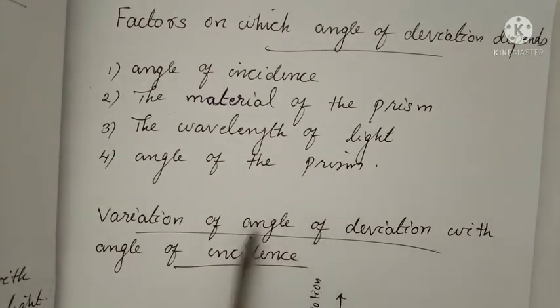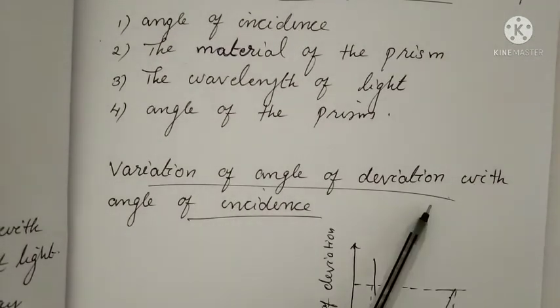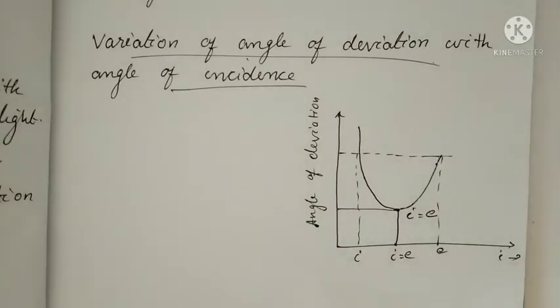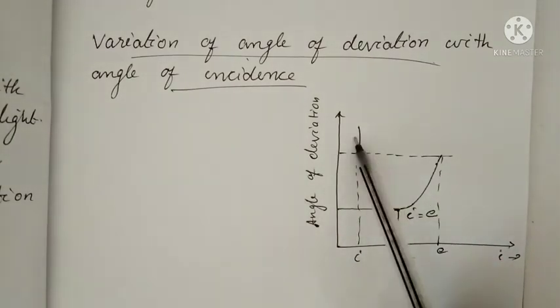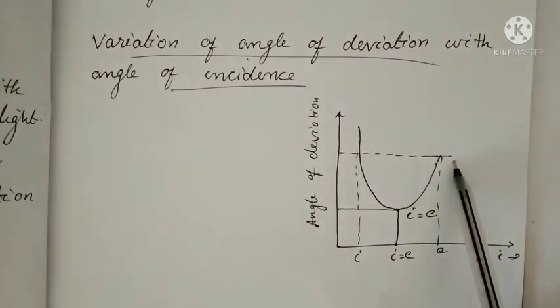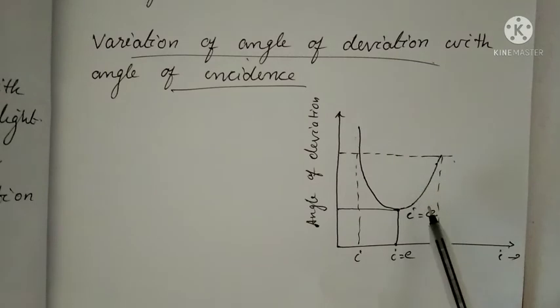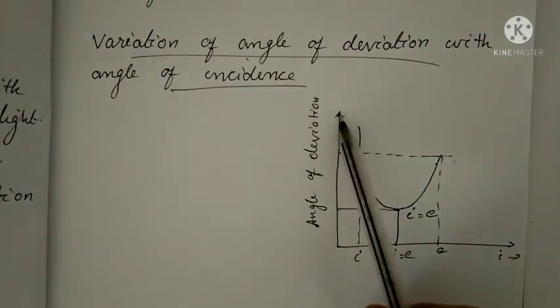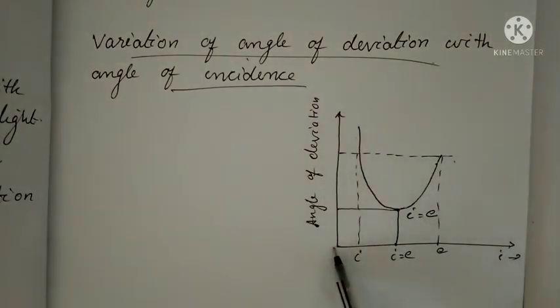Then we can see the variation of angle of deviation with the angle of incidence. When you see this variation experimentally, we can draw a graph like this, with the angle of incidence on the x-axis and angle of deviation on the y-axis.